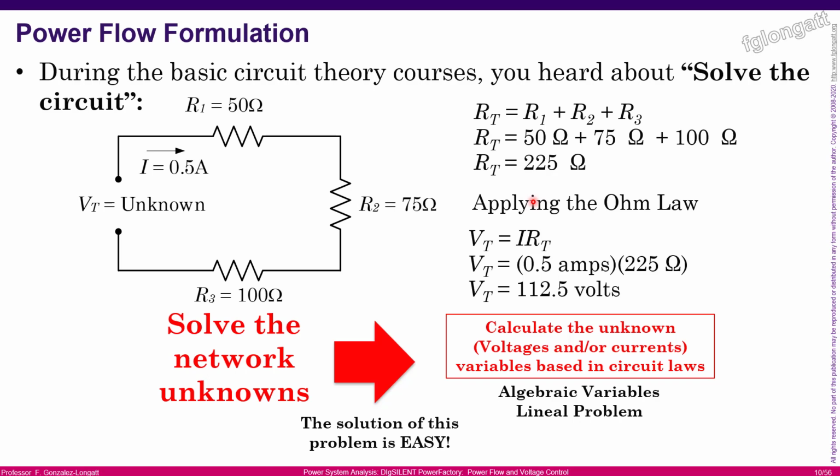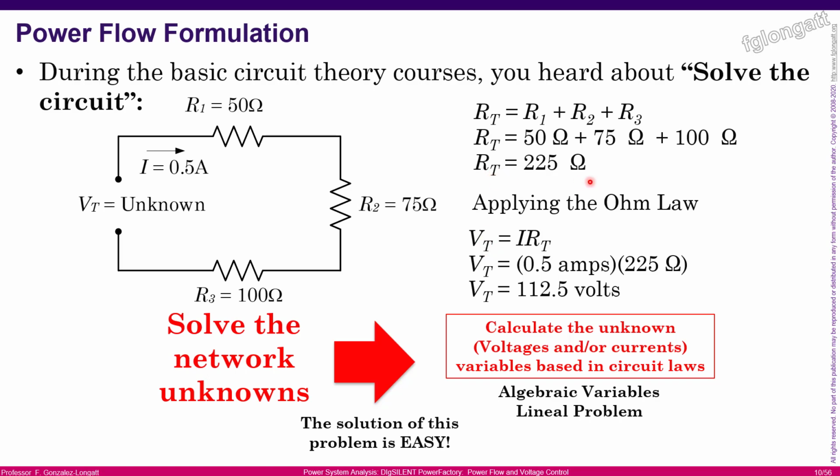What you need to do is apply some mathematical rule coming from physics that defines the relationship between voltage and currents. From circuit analysis, you will remember that is Ohm's law. Ohm's law can be used so that if you know the resistance and the current, you can calculate what is the voltage.